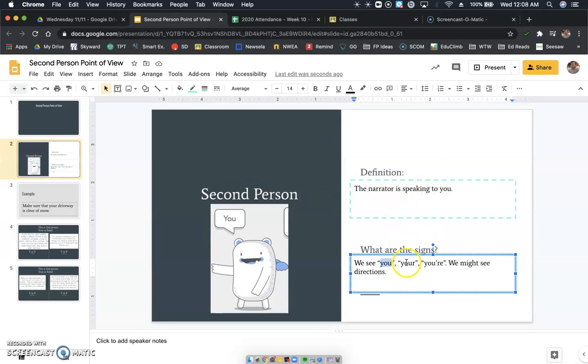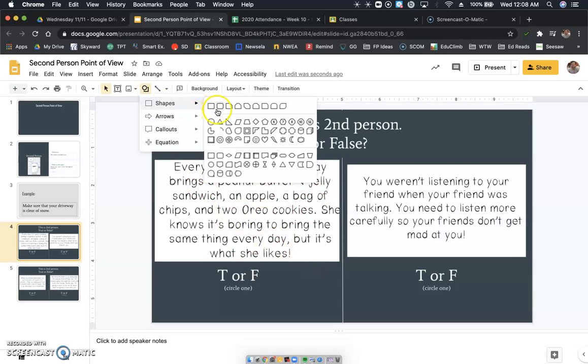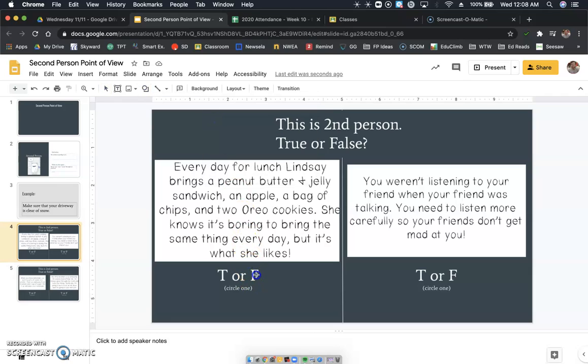Let's see if we see any "you," "your," "you are," or any directions. The narrator is not telling us how to make a peanut butter and jelly. I don't see any words like "you" telling us what to do. So we're going to go up here to shapes. This is false. This is not second person. I'm going to change the fill color here so that you can see the F for false.